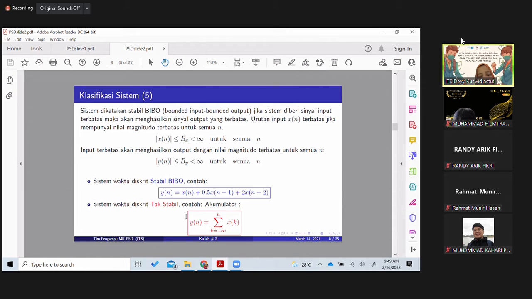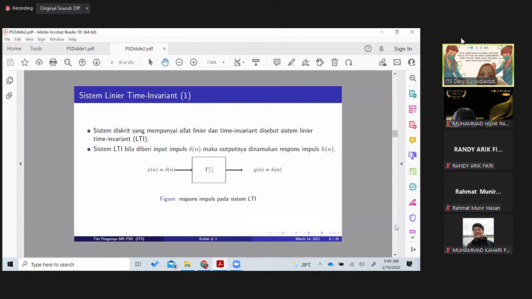You have to have a certain limit to make it easier to handle your system. So it will be a stable system and easier to handle.